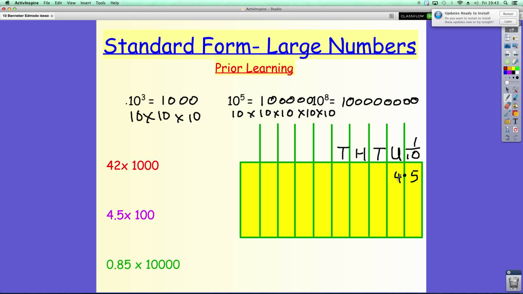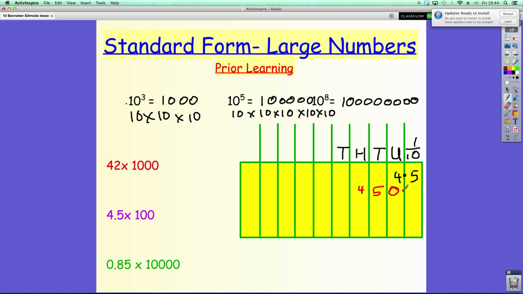So the 4 will move 2 places because there are 2 zeros after the 1, and it goes 1, 2. So my new place will be 4 in the hundreds, and then the 5 comes from the tenths, and you get 1, 2, 5 tenths, and we need a 0 there to make sure that the 5 stays in the tenths place and the 4 stays in the hundreds.